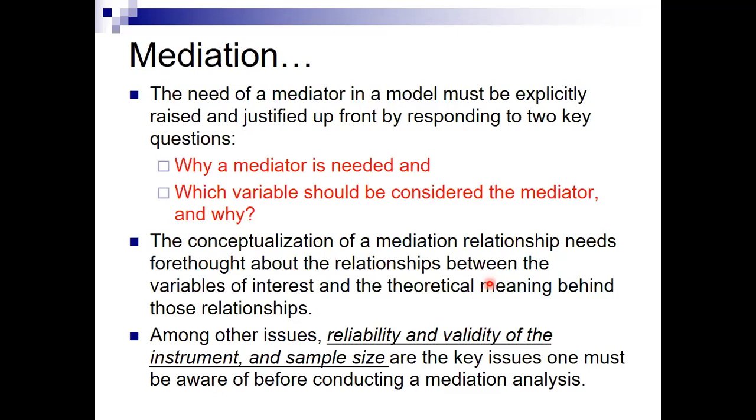It is possible that X is a mediator of M on Y, but also possible that M is a mediator of X on Y. So you have to know which variable is the mediator, and we shall see how to discover that.